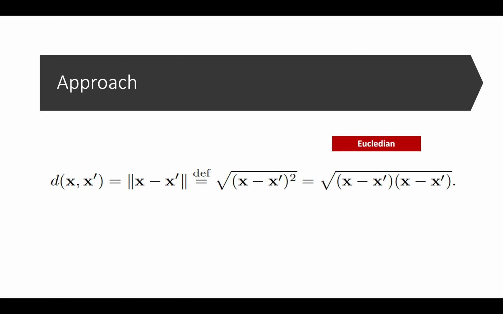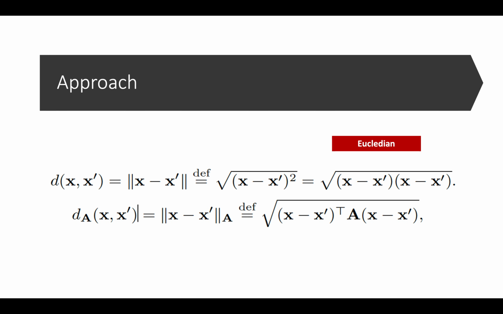Do you remember this Euclidean distance between two feature vectors x and x prime? One way is to slightly modify this metric and make it parameterizable, and then learn these parameters from the data. Consider the modification I just put on this screen. Here we have a matrix A, which is a D by D matrix.